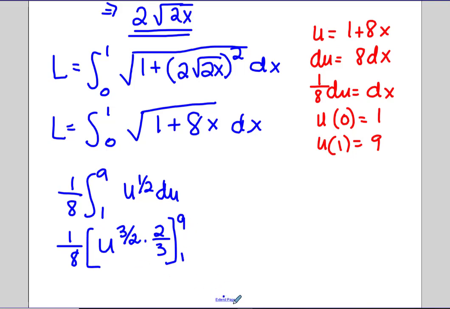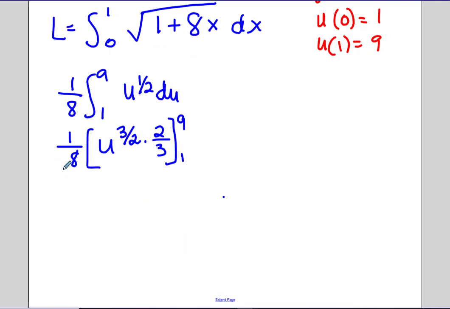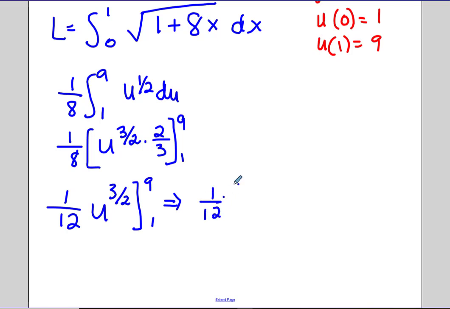which looks like 2 divides 8, that's 4. 4 times 3 is 12. So we got 1/12 u to the 3/2 from 1 to 9, which gives us 1/12 times 9 to the 3/2 minus 1 to the 3/2.